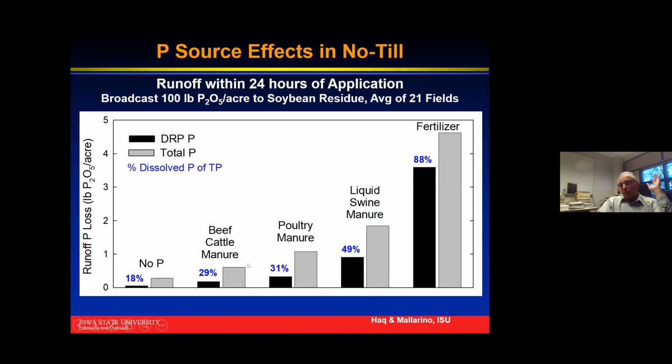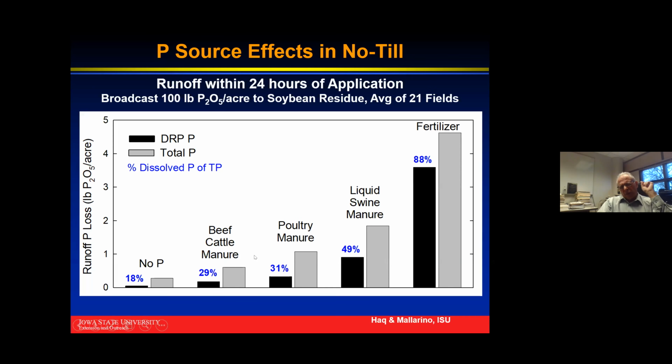Now we can talk a lot about this. Of course, there is variation between fields, but this is very consistent. And often with the beef and the poultry manure the loss is very small, and sometimes it's not even significant compared with the loss when no P was applied.